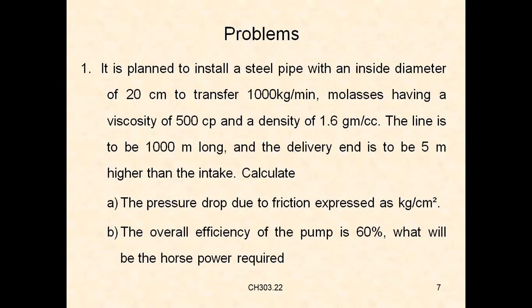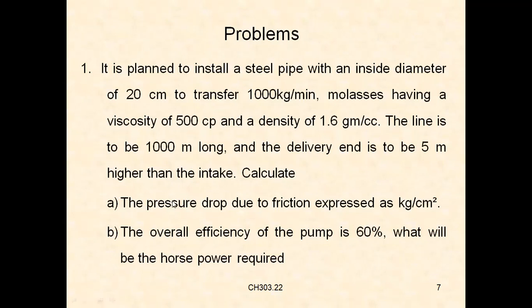We have drawn a simple diagram to show the two stations, and the delivery end is 5 meters higher than the intake. We have to calculate the pressure drop due to friction and the power required by the pump.